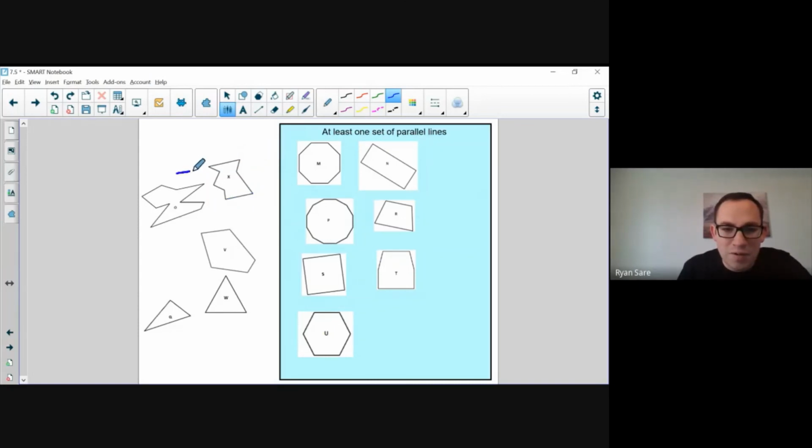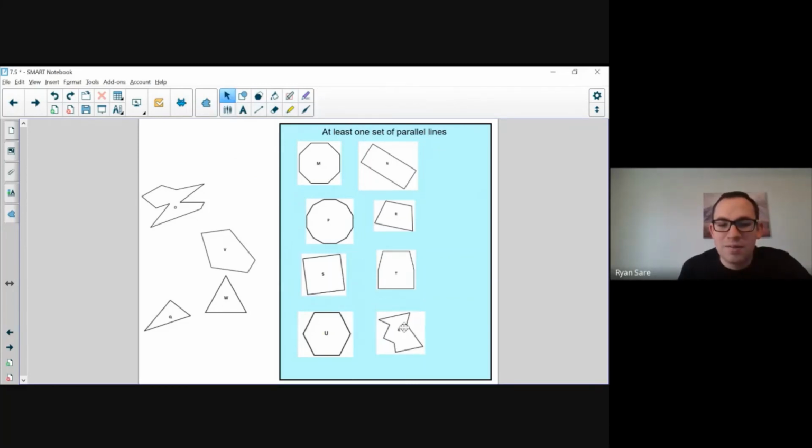I think if I was a perfect artist and I could draw a perfect line, those don't look much like they're getting closer and closer together. I'm going to go ahead and say yes on that one. I'm going to say that that has at least one set of parallel lines, because they certainly can be, even though it's a wacky looking shape.